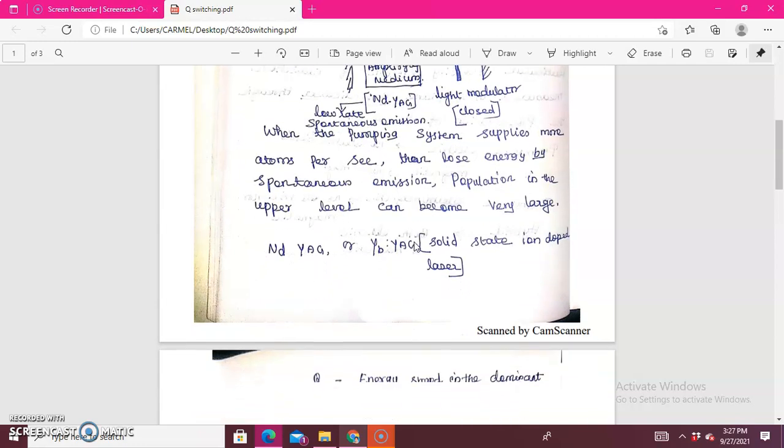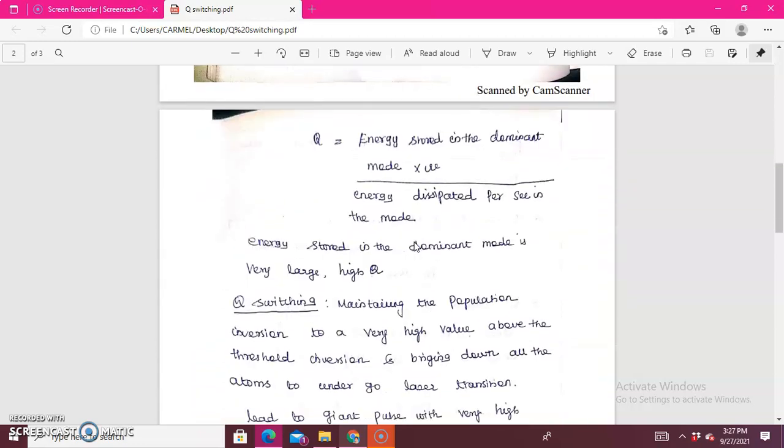How can we calculate the value of Q? Q is the energy stored in the dominant mode multiplied by omega, divided by the energy dissipated per second in the mode. Depending on how much energy is stored and dissipated, your Q value varies, either low or high.